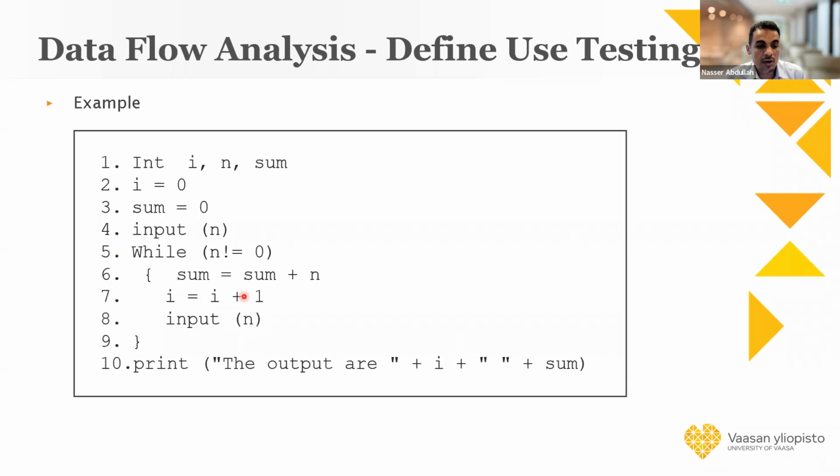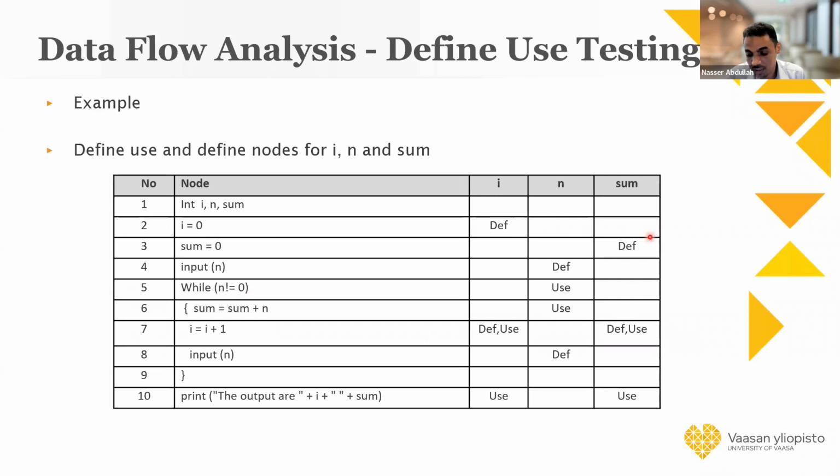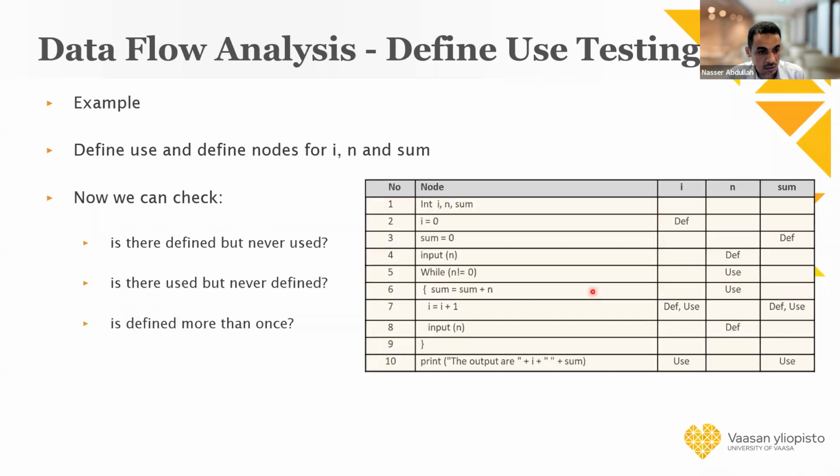The second point, now after we create this table and we detect, let's say for the first one, there is something defined without use. You define one variable, for example, but there is no use here.